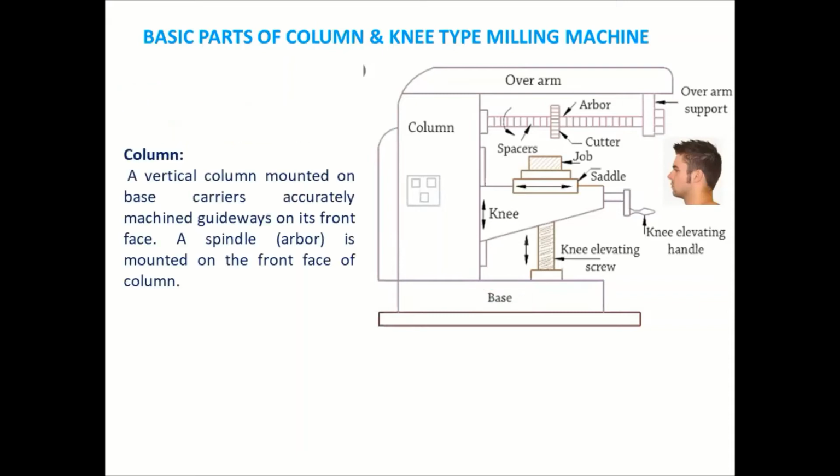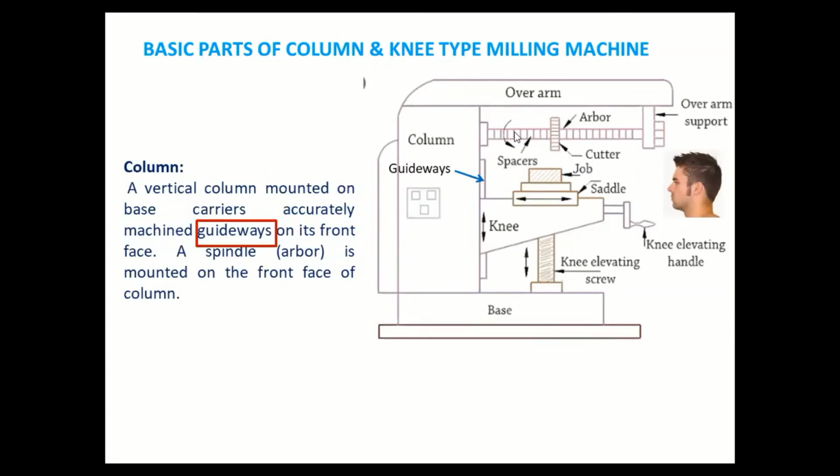Then the second part is the column. You can see in this diagram, the column looks like a rectangular box, which is called a column, a vertical column. And from the front side of this there will be guideways. This can be easily visible from the front side here. And from the front side, when you are observing, the arbor is also mounted there.